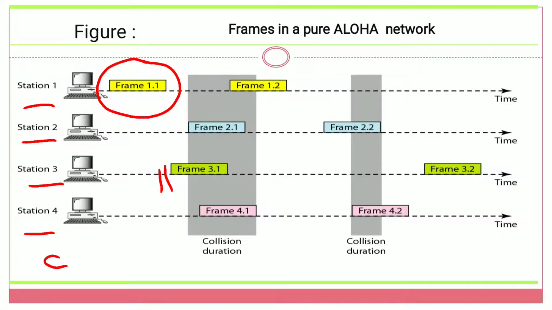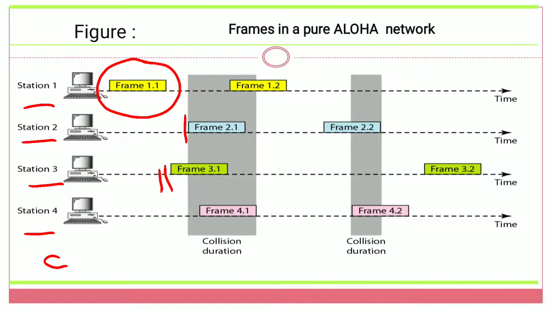But after some time, station 2 starts transmitting frame 2.1. So frame 3.1 is already using the channel, and at the same time frame 2.1 is also in the same shared medium. After that, station 4 starts transmitting frame 4.1.